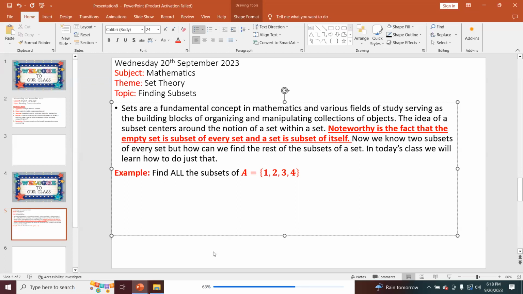So we know you're going to have at least 2 subsets. So let's find a subset. The first subset is obviously the empty set. Okay.